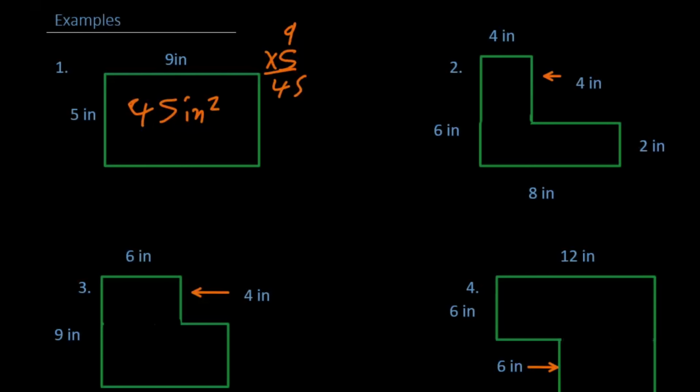Okay, so let's do the second one. As you can see, the second one is much different from the first one, because it's not a rectangle or a square. So how you're supposed to do this one is you have to split it into rectangles and squares. You can split it here, or you can split it here.